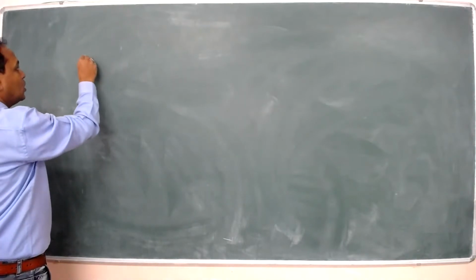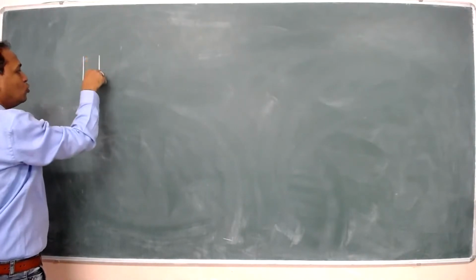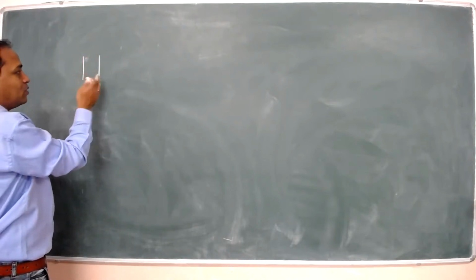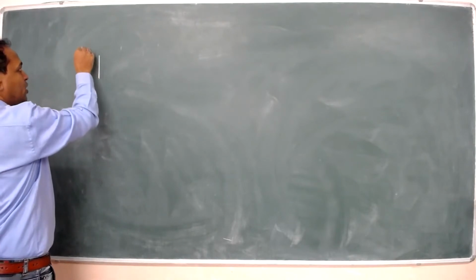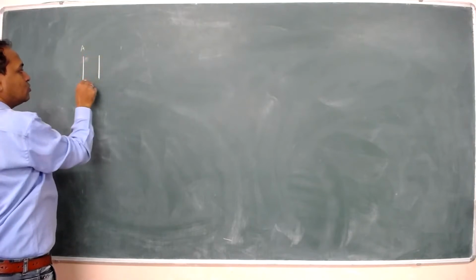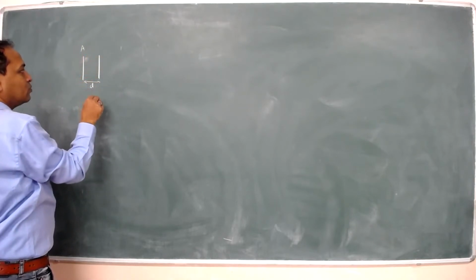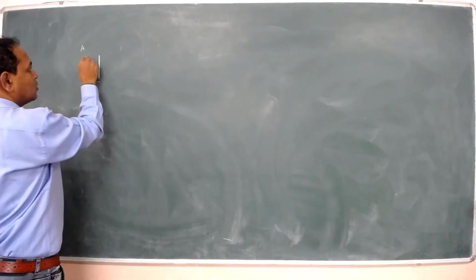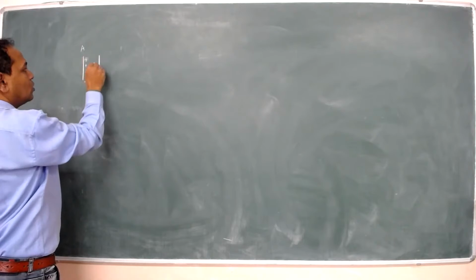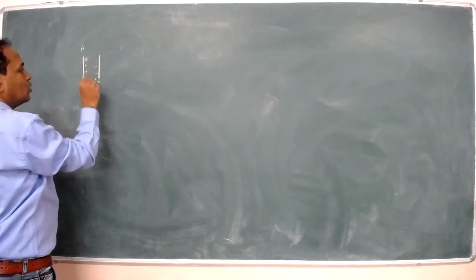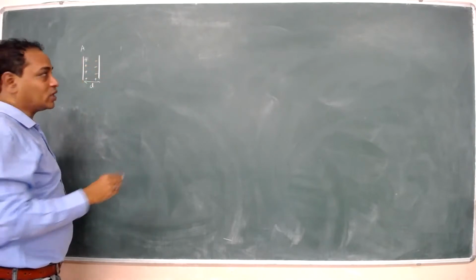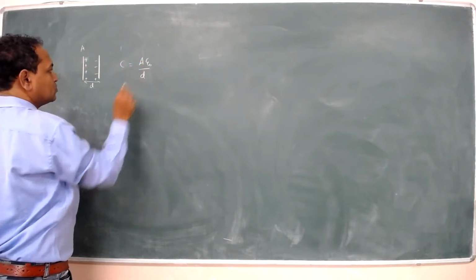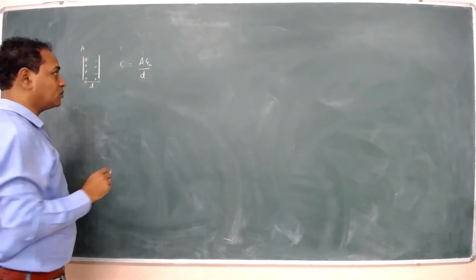As we know, if two parallel plates are there, this is the parallel plate capacitor of area A. Distance between them, say that is D. Then, what is the capacitance of this capacitor? We can say that C is equal to A epsilon naught by D. We have derived this one.